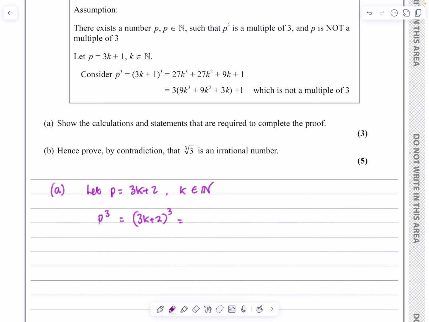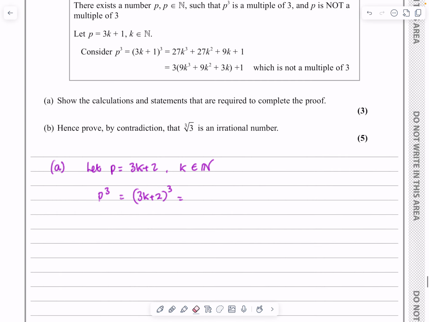I'm not going to do this, but it's 3k plus 2 times 3k plus 2 times 3k plus 2, and multiply it all out. I've already done that just to save a little bit of time in the video. So that works out to be 27k cubed plus 54k squared plus 36k plus 8. And what I'm hoping is that that doesn't work out to be a multiple of 3.